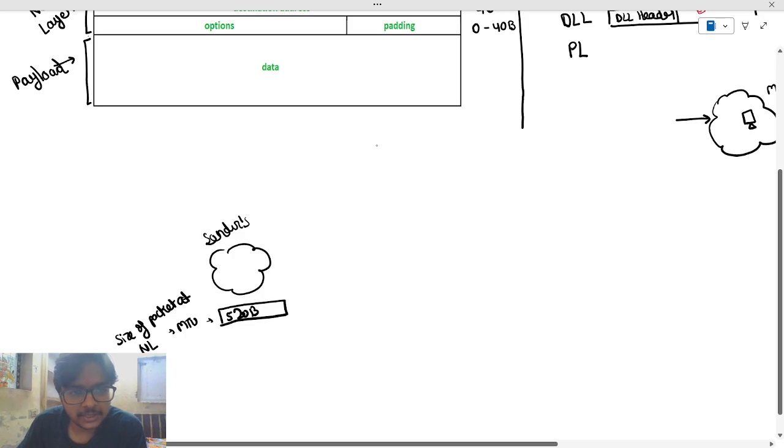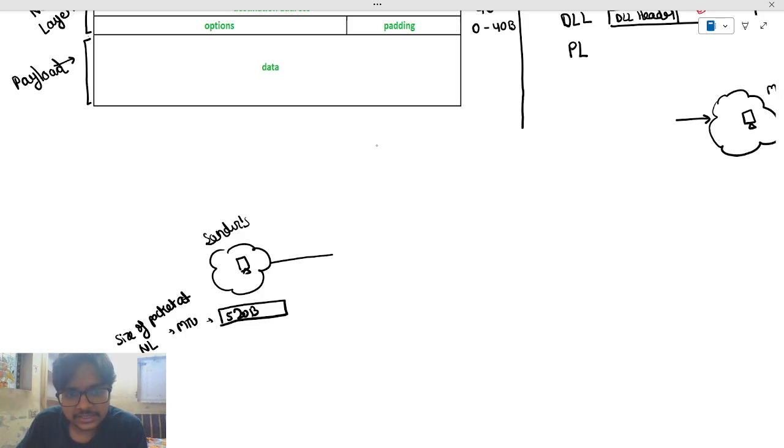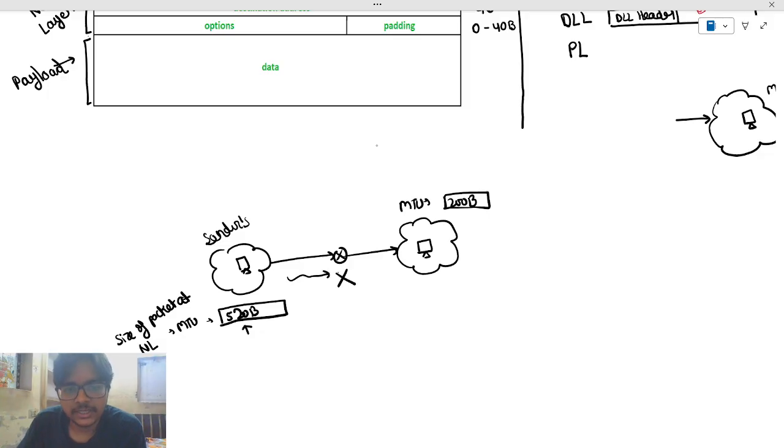Now this packet is prepared by the sender host and it sends through router to another network host, and this network has a MTU defined of 200 bytes only. But the sender has sent 520 bytes. So when the packet reaches the router, it will discard it. It says the destination host cannot accept a packet which is more than 200 bytes at network layer. So that's the problem.